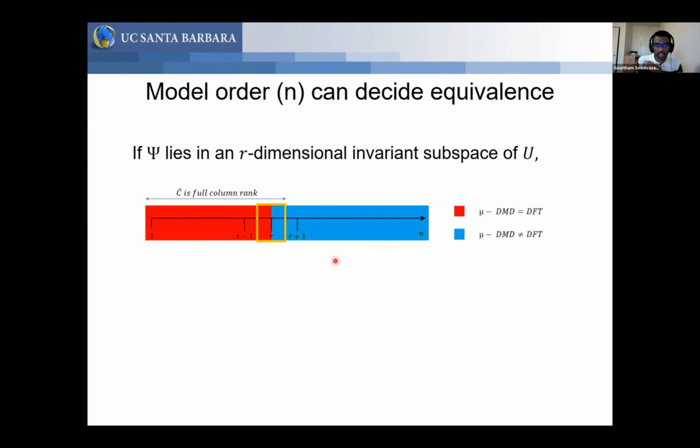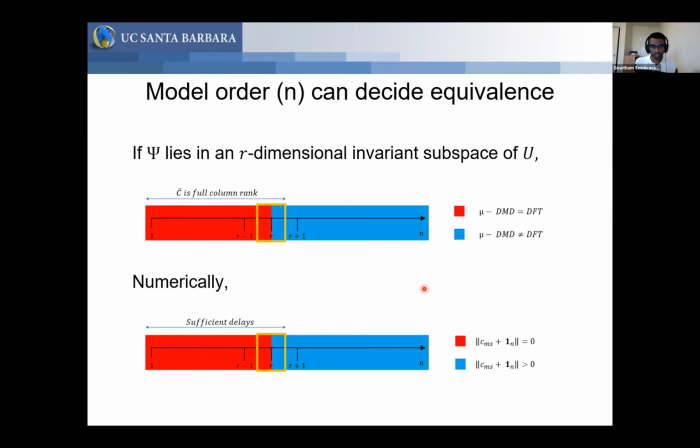We show that when n is more than small r, you don't have an equivalence of mean subtracted DMD and DFT. What is more useful from a data perspective is the contraposition, which says when you have an equivalence of mean subtracted DMD and DFT, then n is going to be less than or equal to r, and so you can do with more data.